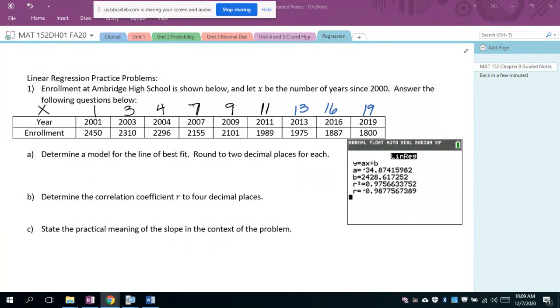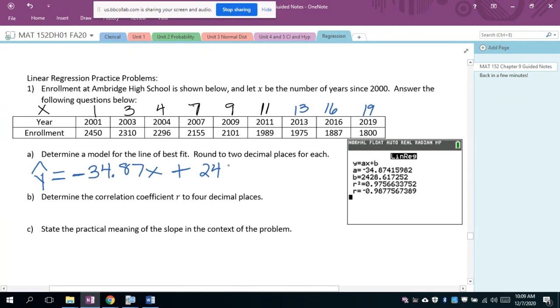So for the line of best fit, it's always y hat because that's a prediction model, and this is negative 34.87x plus 28.62.